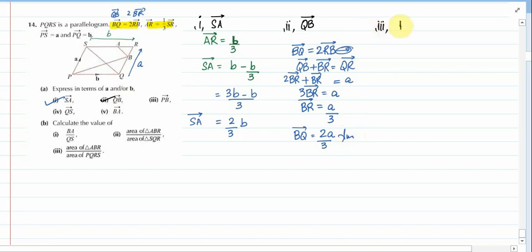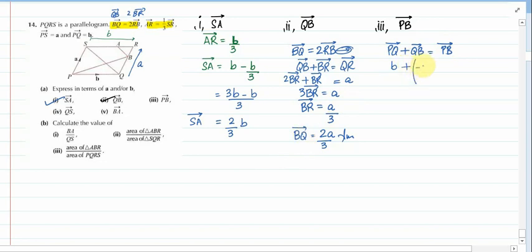For third part, you need to find the vector PB in terms of A and B. Give it a try. PQ plus QB is equals to PB. PQ is what? PQ is B. QB, we have find BQ, so QB will be negative.